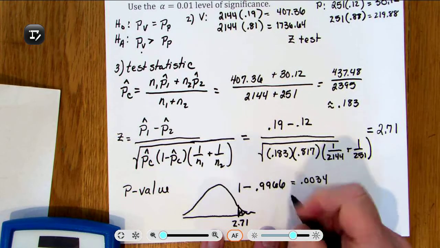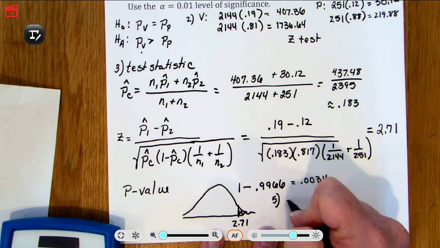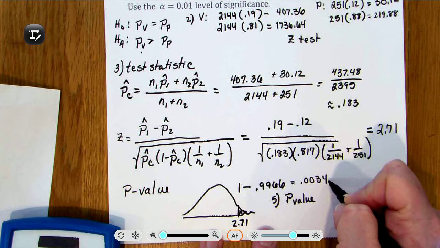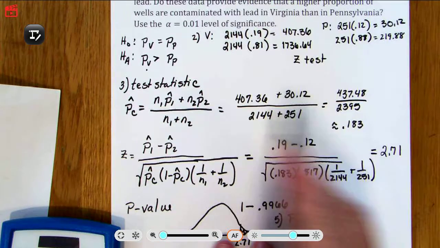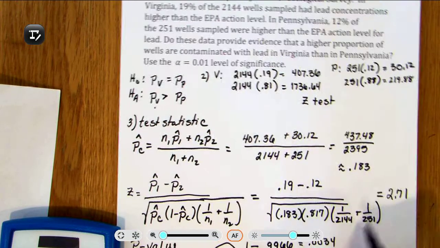Which means step number 5 is to make our decision. Is this our p-value? Right there, that 0.0034 is, and there's our alpha level, 0.01.